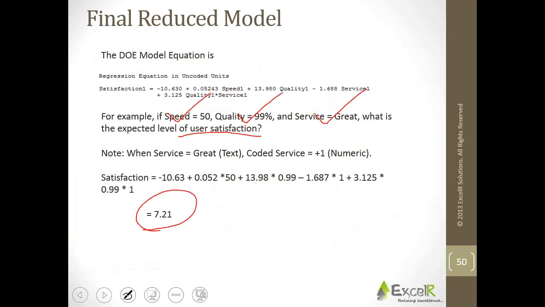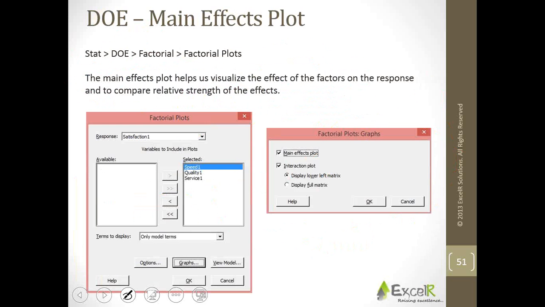With what speed I have to work, with what quality I have to work, and how my service should be for a particular customer satisfaction score. So that is my final model.